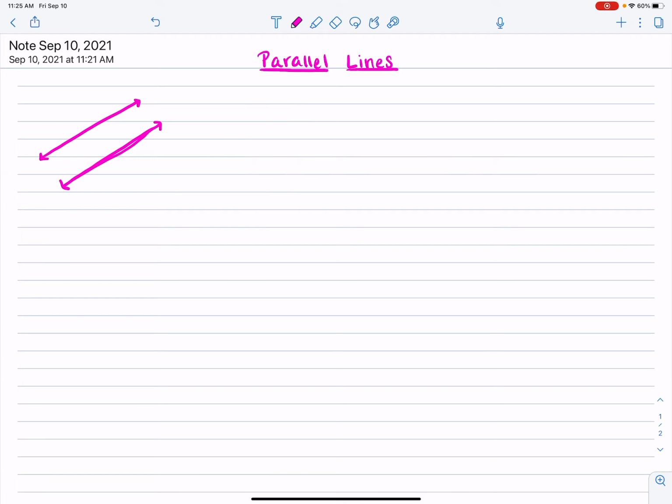Now, in order for two lines to be parallel, that means that they have the same distance continuously between them.